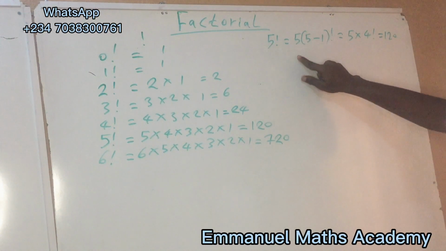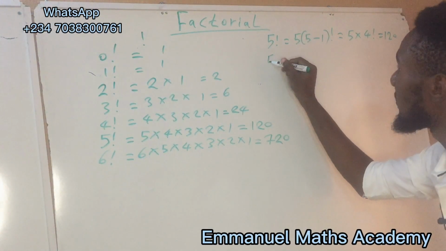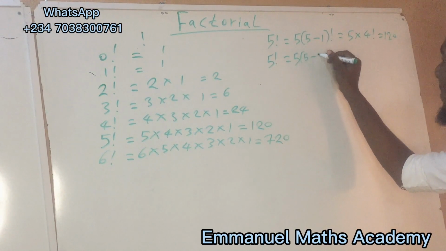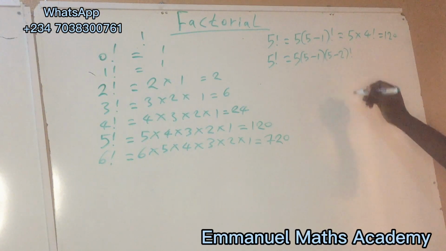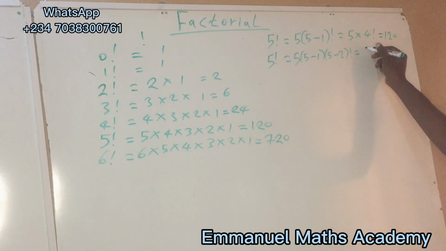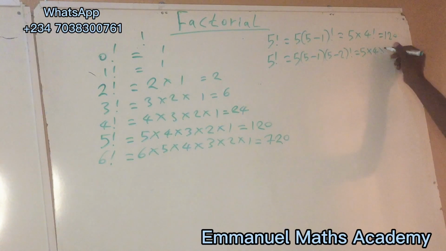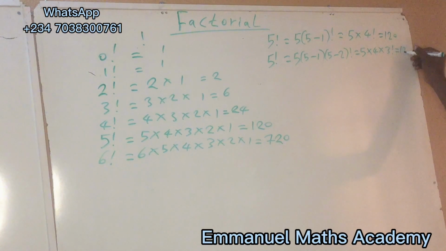You can also manipulate this to expand it, to have 5 factorial is equal to 5 times (5 minus 1) times (5 minus 2) factorial. This will be equal to what? 5 times 4 times 3 factorial, which will still give you 120. Is that clear?